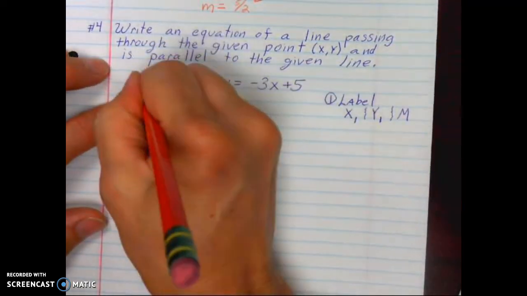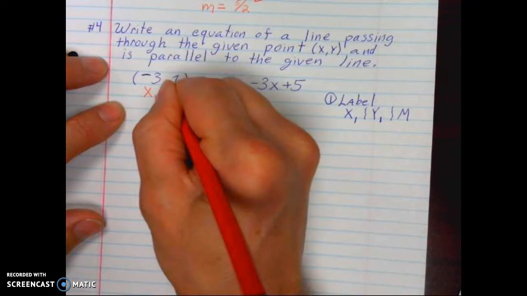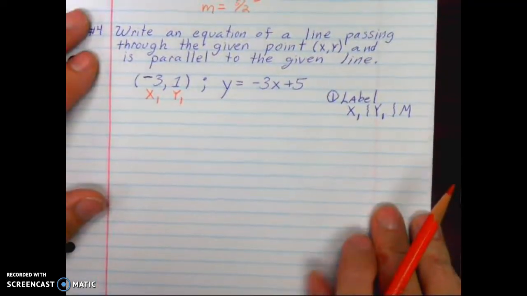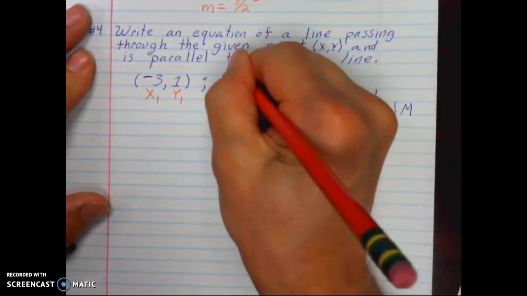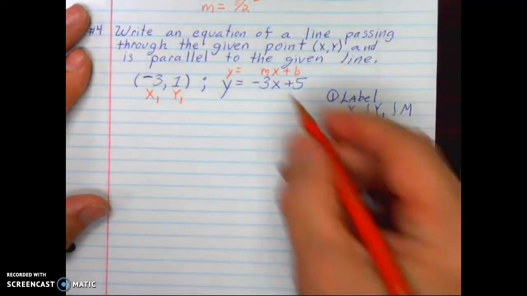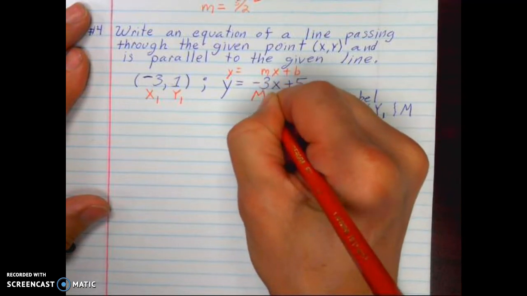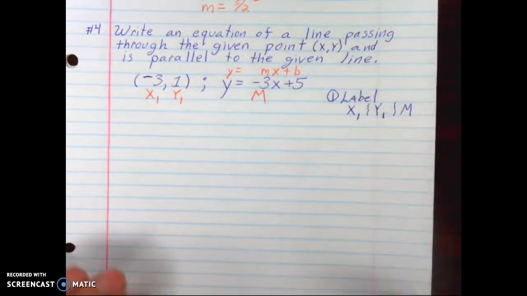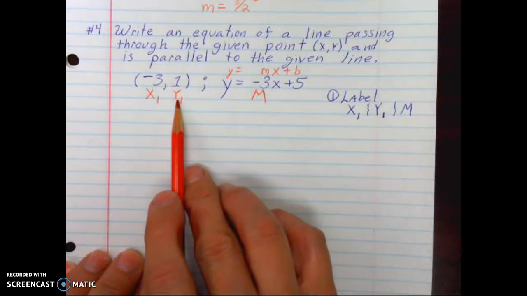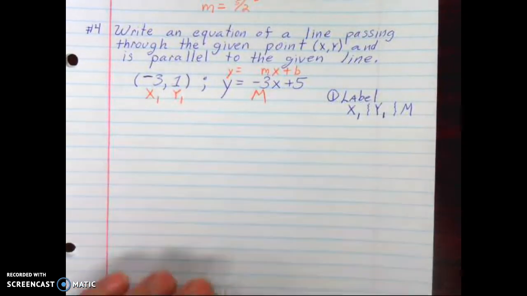So x1, y1, and where's my slope? Oh, that's right. y equals mx plus b. What's my slope? It's my negative 3. All right, so there's my labeling. Negative 3 is my x1, 1 is my y1, and then I have another negative 3 that happens to be my slope.